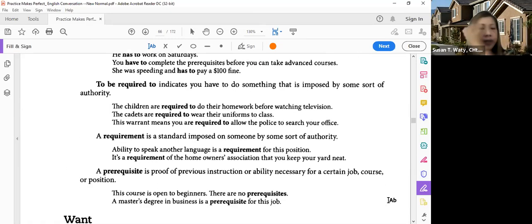Okay, guys, look at this. A requirement is a standard imposed. Or you can use a prerequisite. That's a proof of previous instruction or ability. So when talking about the course, you're talking about previous ability necessary for a certain course or a job or position. All right, so let me go back. So the answer is prerequisite. Or a requirement also, you can use that also.